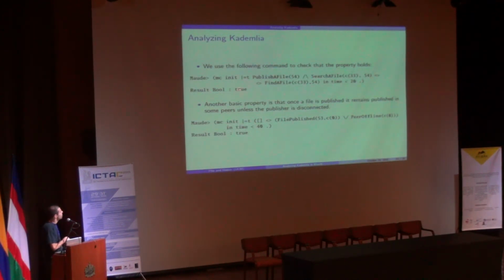We can use model checking in our initial configuration, saying that if a file is published and we are searching for it, then eventually it's found, which is true. Another basic property is that once a file is published, it will remain published until the publisher is disconnected, which just can be proved with this command.